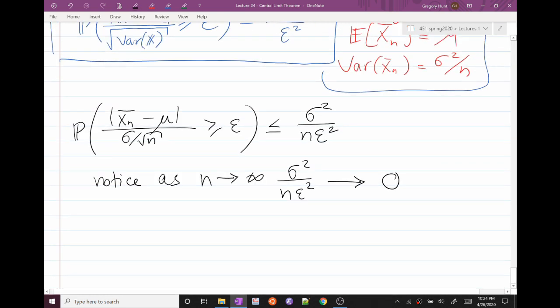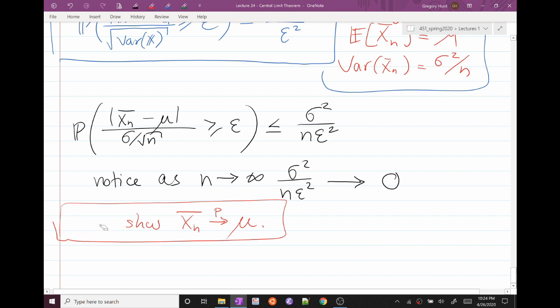Because we can use it to show that Xn bar converges in probability to mu. This was our whole statement we wanted to show. So we can show that Xn bar converges in probability to mu given our derivations.